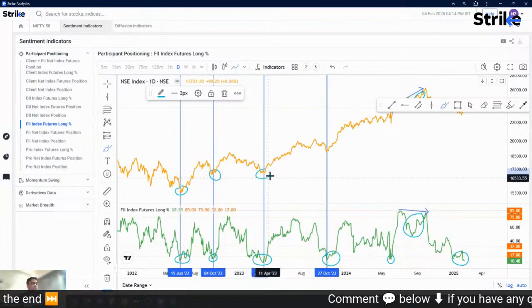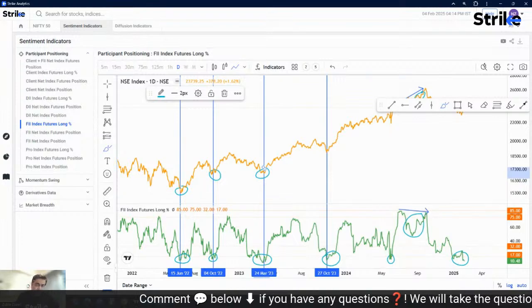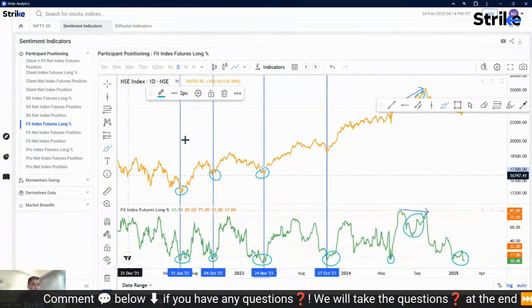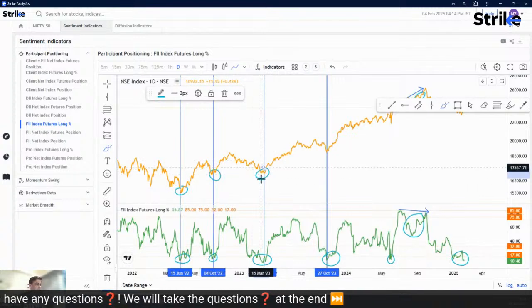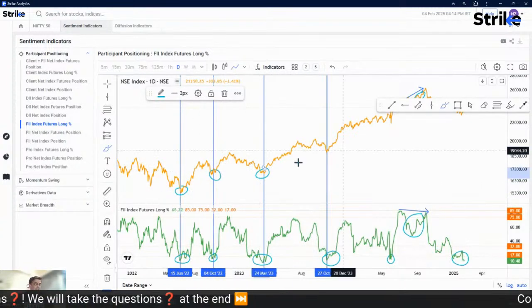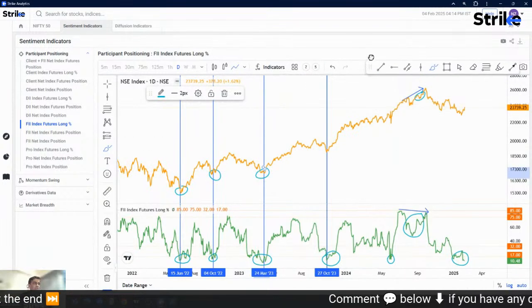So a very useful indicator, especially for long term investors, or even for short term traders, where they can time their market entries at a proper level, at a possible bottom level.